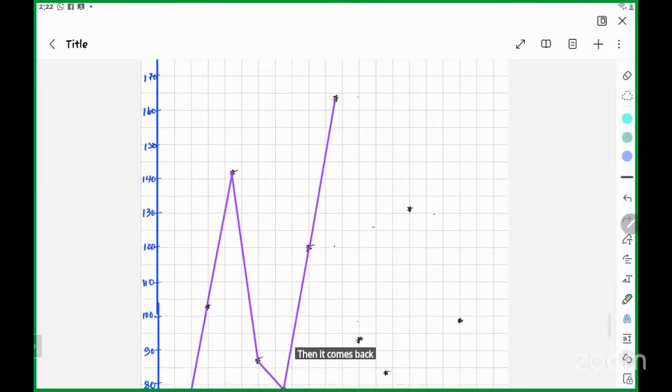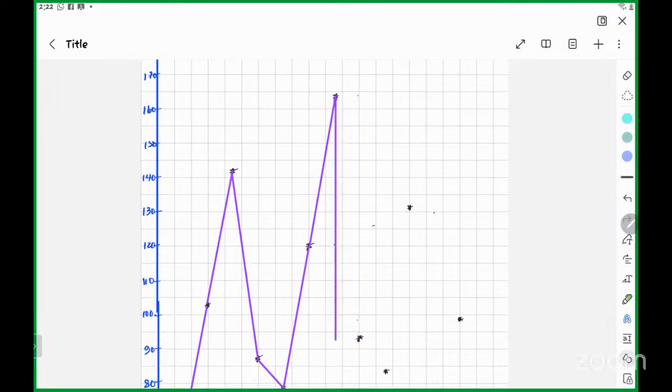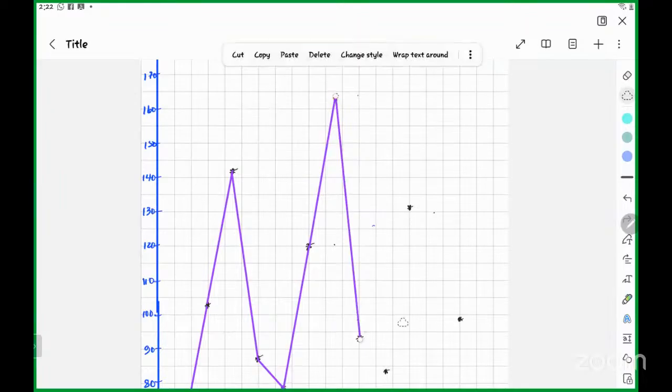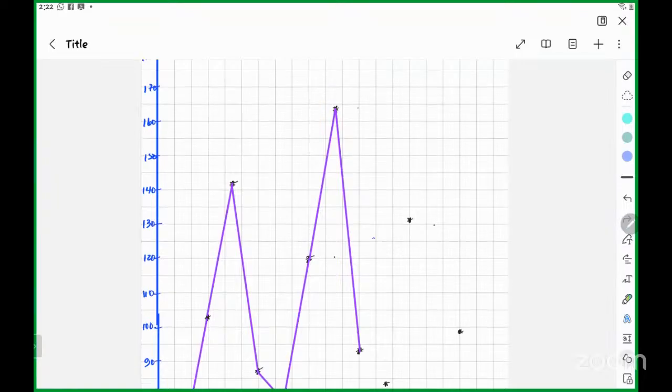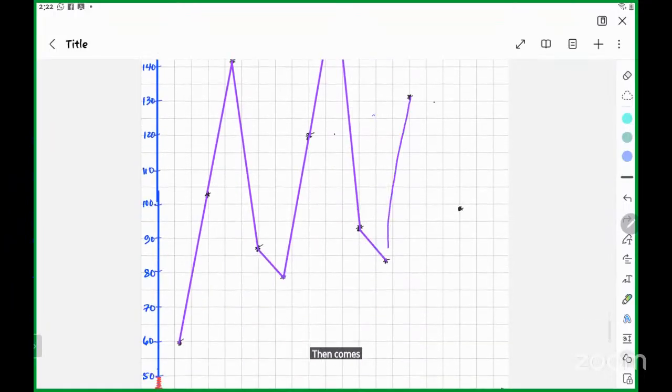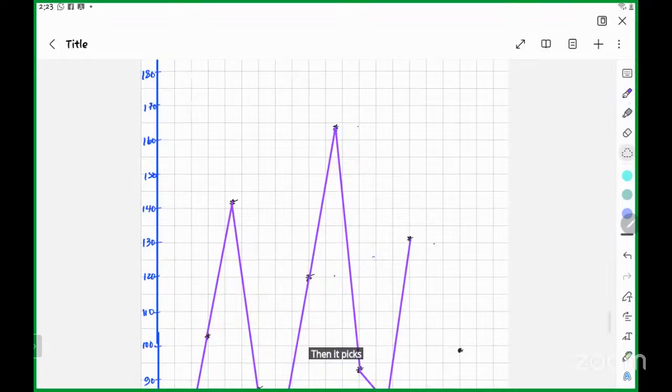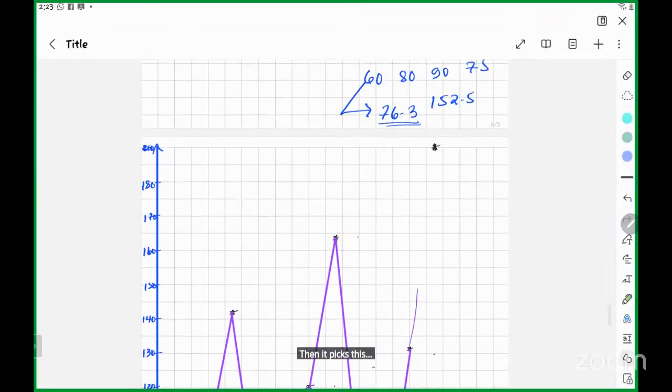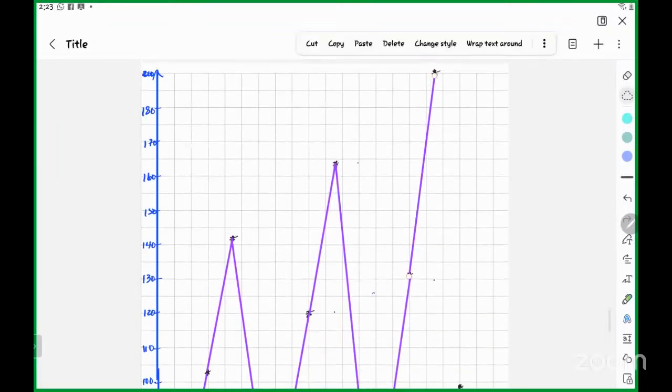Then it comes back to pick this one. Okay, then with this, then comes to pick this. Then it picks this. Then this.